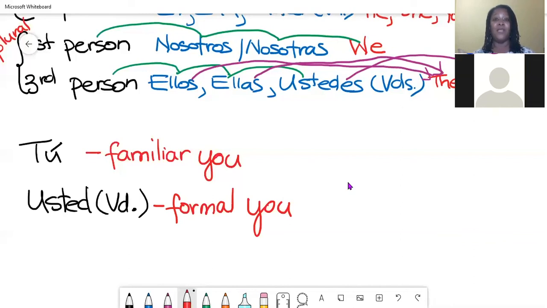If it's someone that you do not know and you're not familiar with the person at all, you would not say tú, you would say usted. And actually, if you use tú with someone who is a stranger or someone that you're not familiar with, offense may be taken. So you want to be very careful with that. And so that is the difference really between the tú and the usted. They mean the same thing, but they cannot be used interchangeably. That is the basic breakdown of the difference between the two.